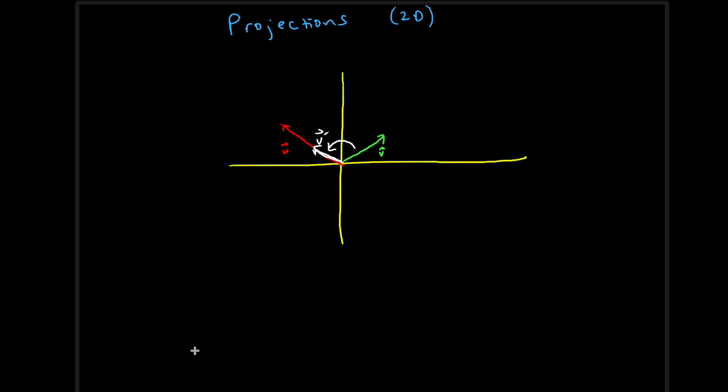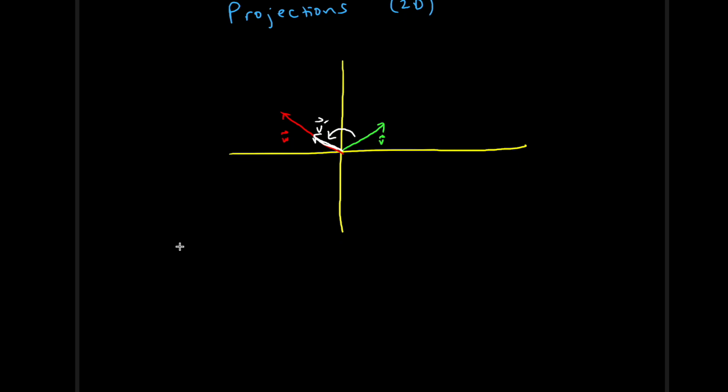Now, there are a few terms that you should know. One of them is linearly dependent. So in 2D vectors, this is basically just saying that in this case, v prime is collinear to w.